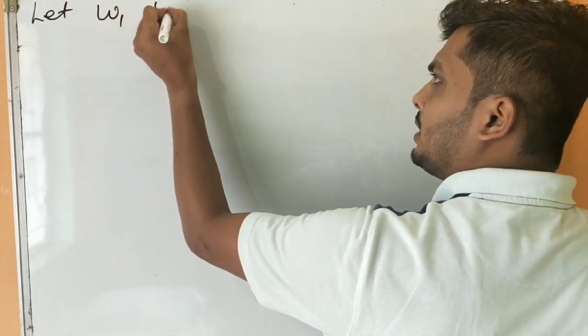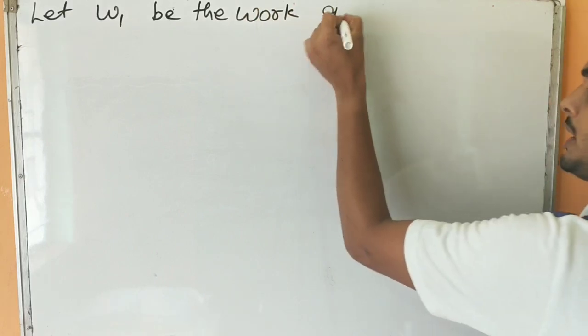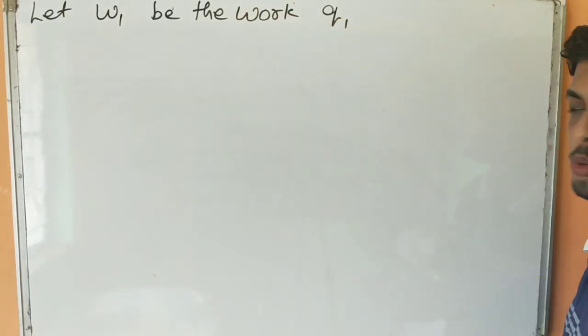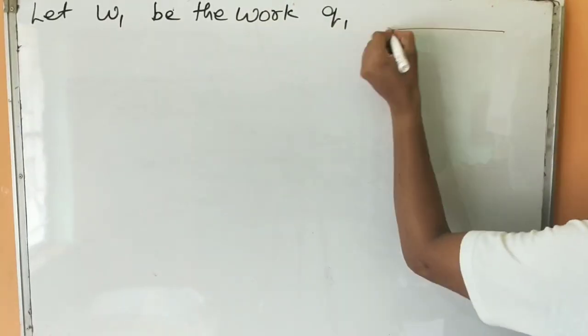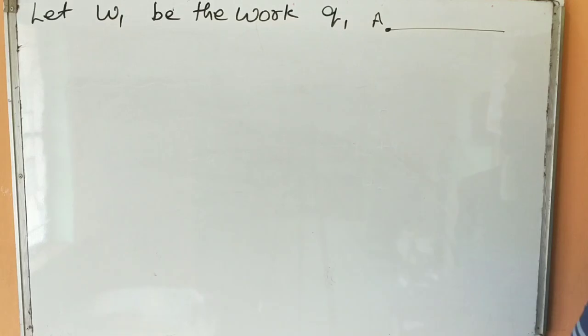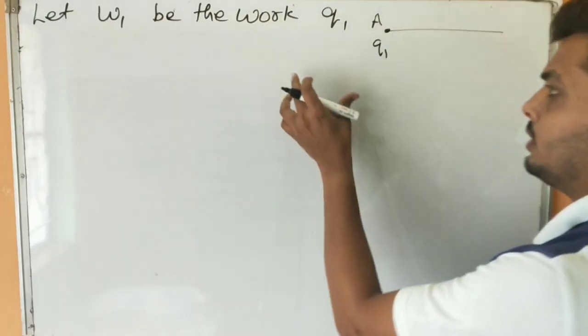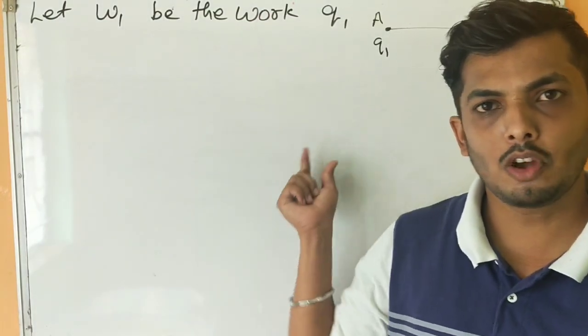So let W1 be the work done by the charged particle Q1. Now Q1 is brought from infinity to the point A. Now students, here there was one condition. We are going to find potential energy in the absence of an electric field.